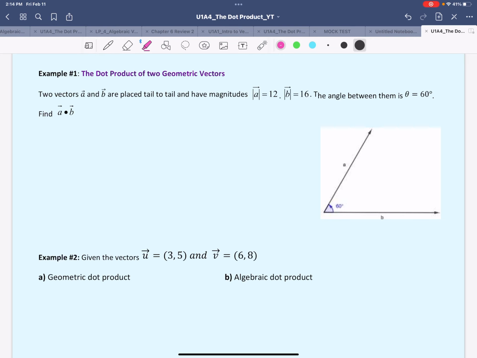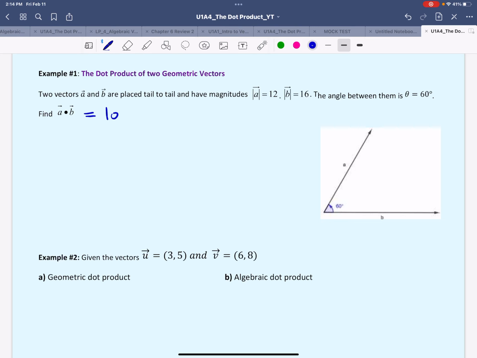So now let's take a look at a couple of examples where we can practice the dot product. So in the first example, we are given two vectors, a and b. The magnitude of a is 12, magnitude of b is 16. The angle made between them is 60 degrees. So we have to find the dot product of these two geometric vectors. You see, they're geometric, they're not on the Cartesian plane, right?